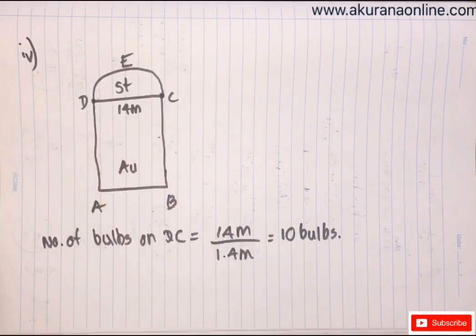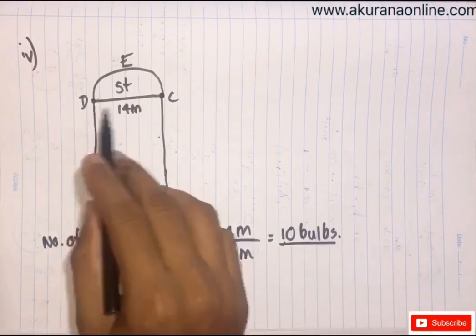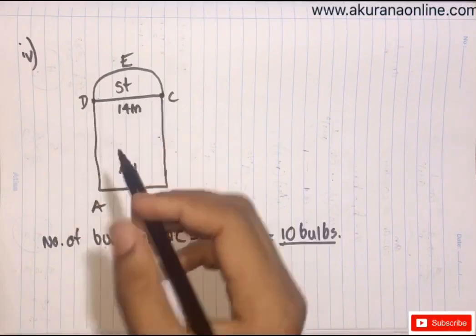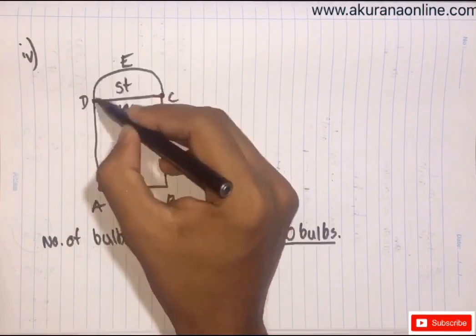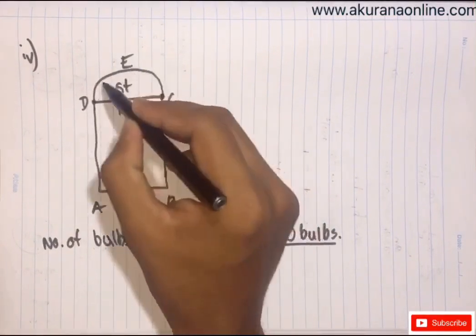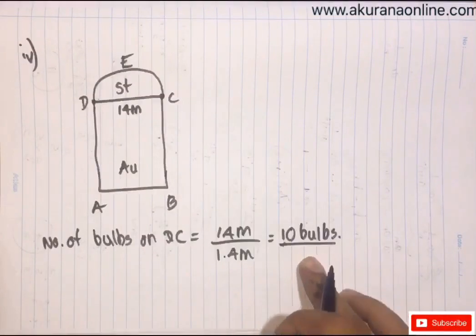Also they had said an important part, that the number of bulbs on the line CD and on the arc CED are equal. Now since you know that here you have 10 bulbs, you should also know that the bulbs on the curved part are also equal to 10 bulbs.